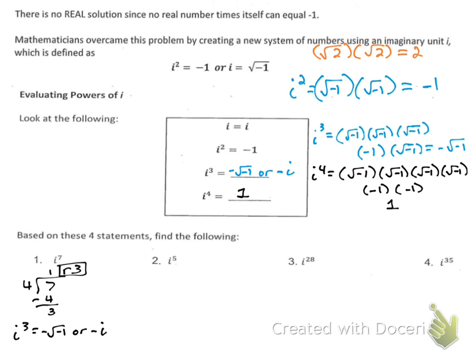That remainder will tell you what it simplifies to. i to the 5th, we divide by 4. How many times does 4 go into 5? 1. What's my remainder? 1. So it would simplify to i.